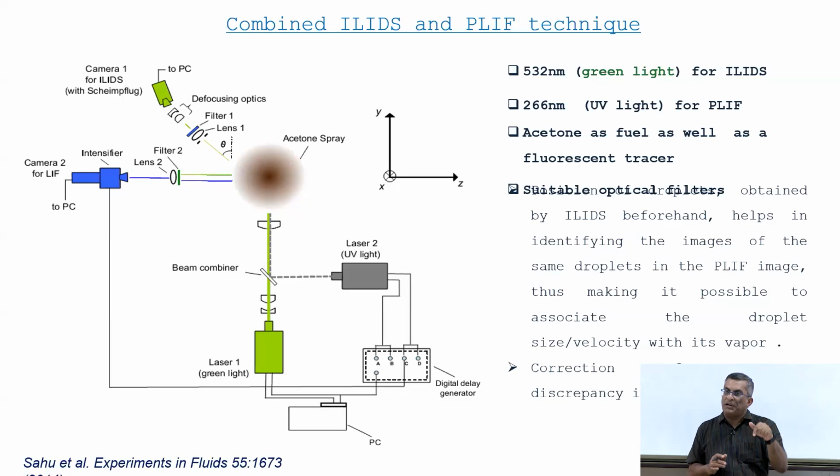Now, which properties of the particle phase? It depends on particle size, it depends on particle velocity, it depends on particle concentration. Okay. So all these are important, and this is the reason why we need to measure the particle properties, size, velocity, number density, as well as the vapor concentration around the particles.